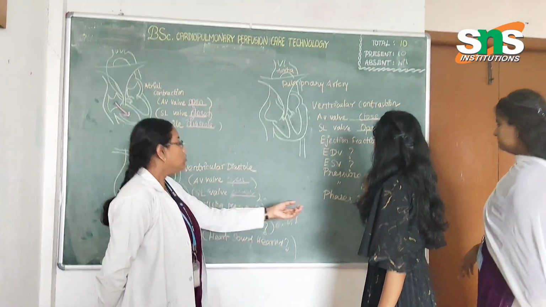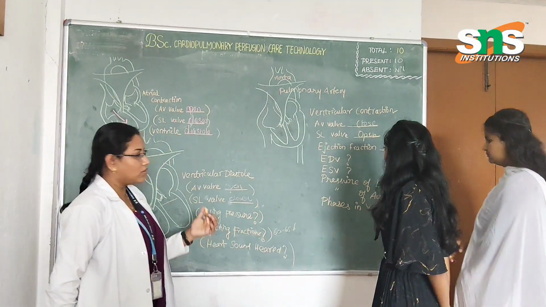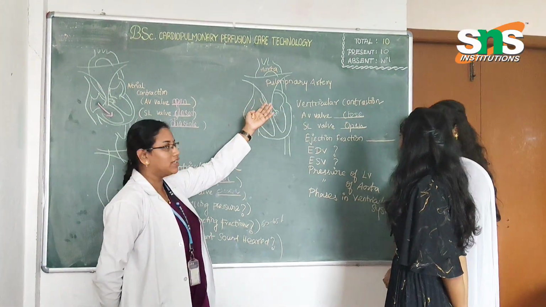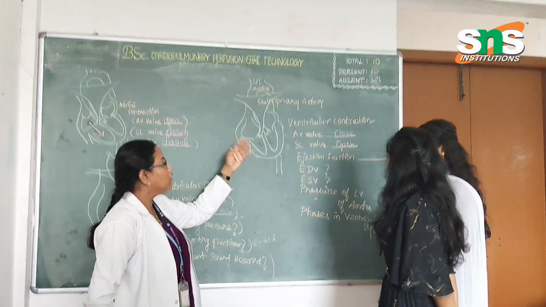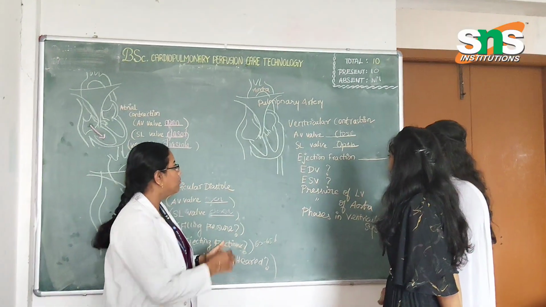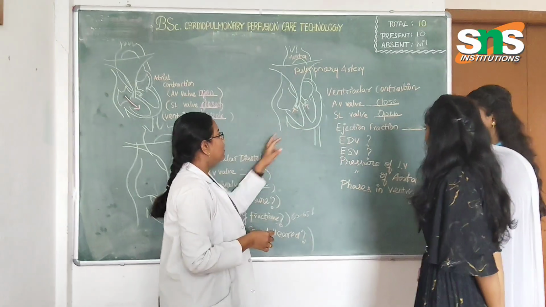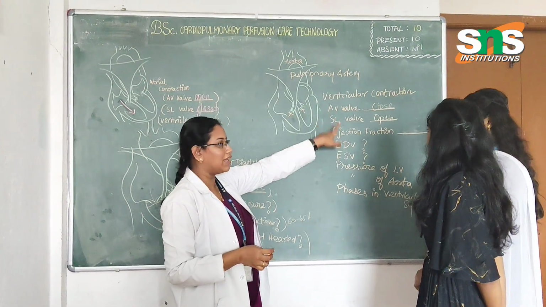So in ventricular contraction, the blood is ejected from the ventricles to all parts of the body through the aorta and to the lungs through the pulmonary artery. That's why it creates pressure to eject from the ventricles. At that time, the AV valve is closed and the semilunar valve opens.